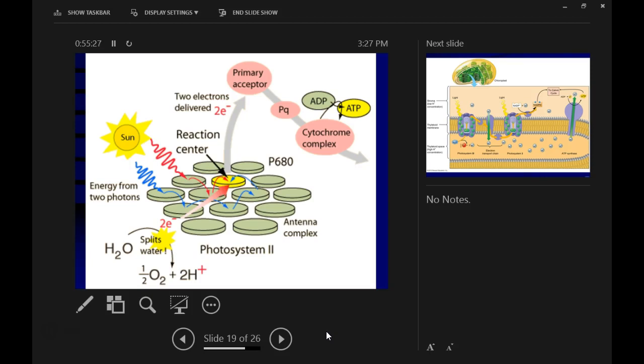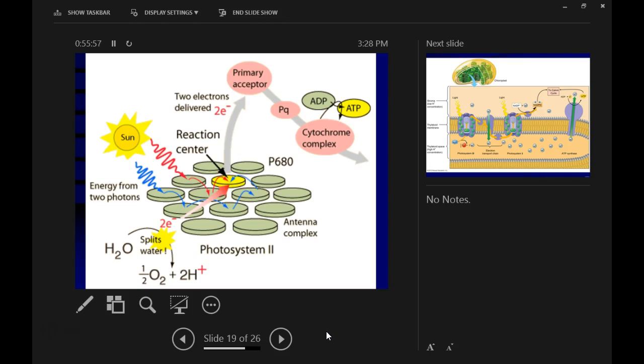Now, something really weird happens now. You might see something that looks familiar. Where did we see cytochrome before? Think about the inner membrane of the mitochondrion. Where did you see a cytochrome?